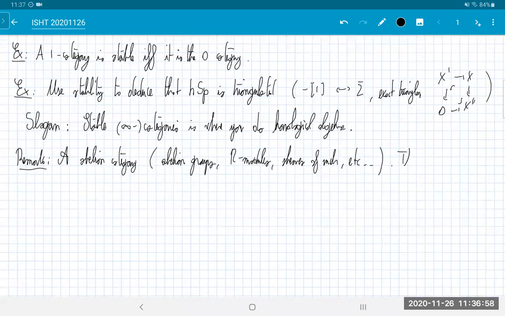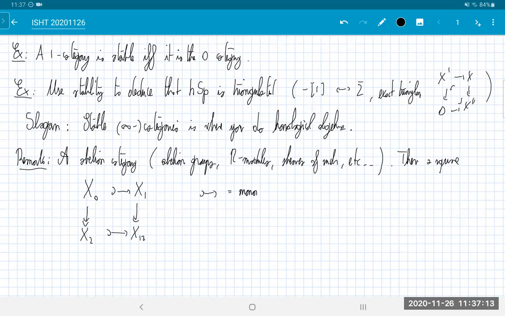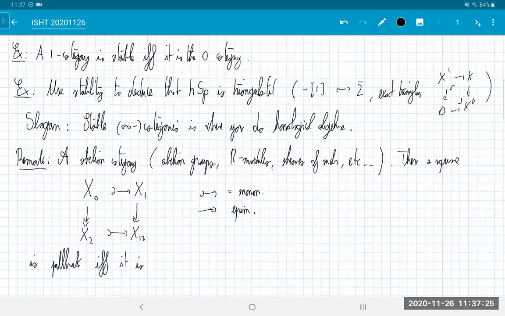Then a square x0, x1, x2, x12, where this is a monomorphism and this is an epimorphism, is a pullback if and only if it is a pushout. So you have a weaker form of stability. You have to put some restrictions on these squares. But this might also give you some intuition for this property.